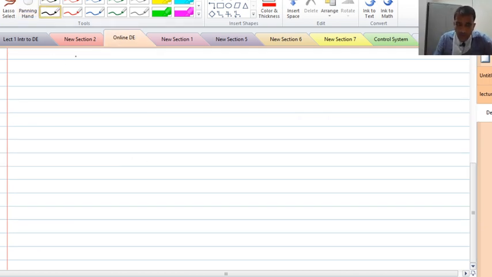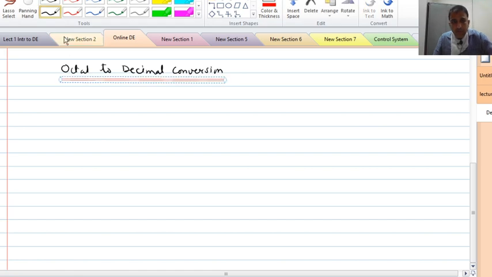Now we will do octal to decimal conversion. In case of octal to decimal conversion, we have to multiply each digit either by positive powers of 8 or by negative powers of 8.